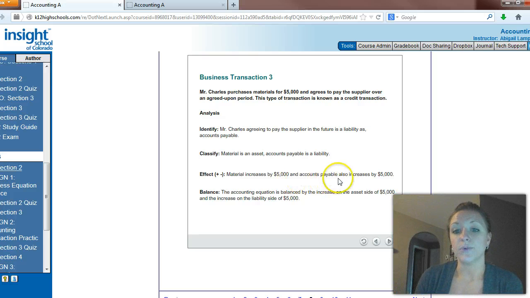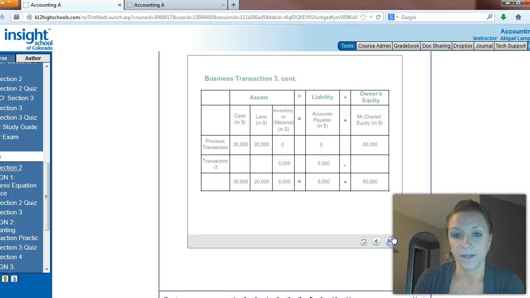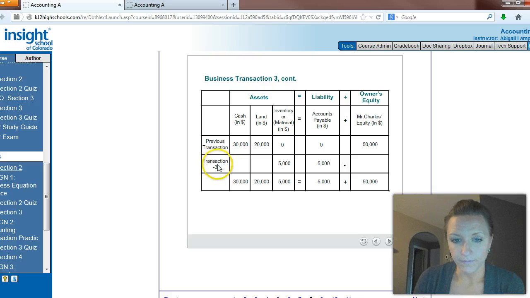And it's also going to increase our accounts payable by $5,000 because we now owe that much to this company that we bought the material from. So the equation is balanced because we're increasing the asset side by $5,000 and we're also increasing the liability side by $5,000. So here's what that looks like.